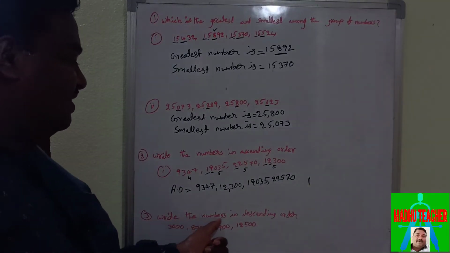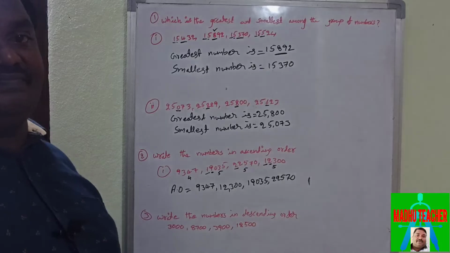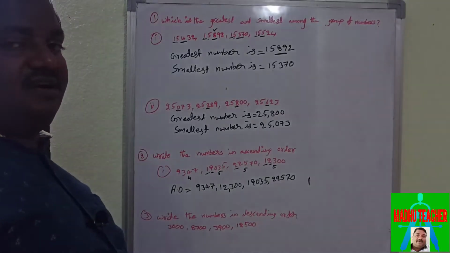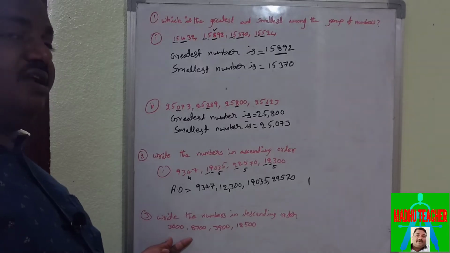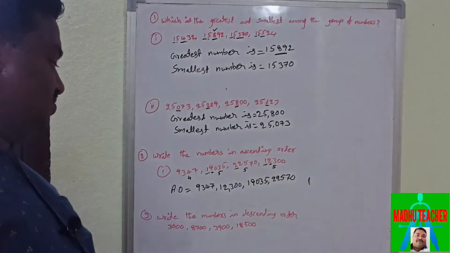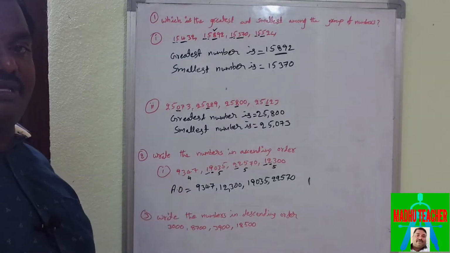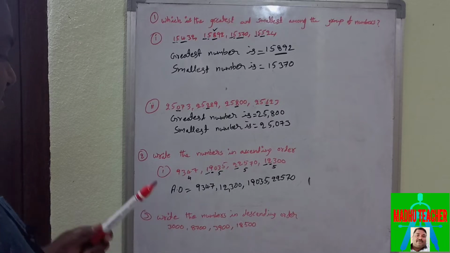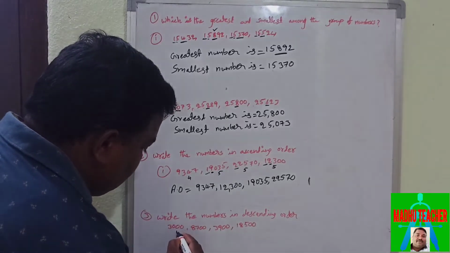Next, write the numbers in descending order. Descending order means decreasing order. Decreasing order means write the numbers from bigger to smaller. This is also the same method. First of all, you have to write the number of digits. This has 4.